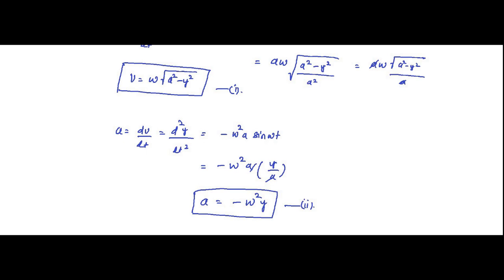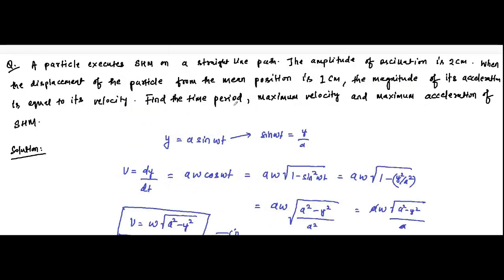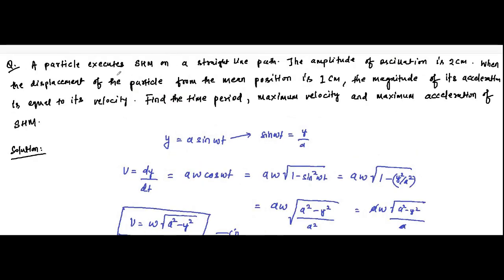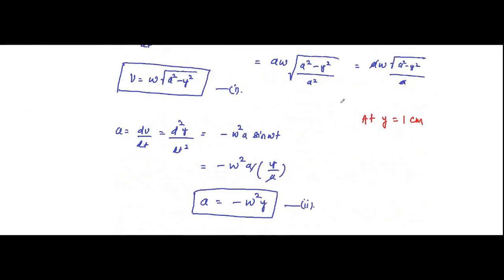Now it is given that when the displacement of the particle from the mean position is 1 centimeter, that is at y equals 1 centimeter, the magnitude of acceleration is equal to its velocity. That is, the velocity equals omega root of a square minus y square.